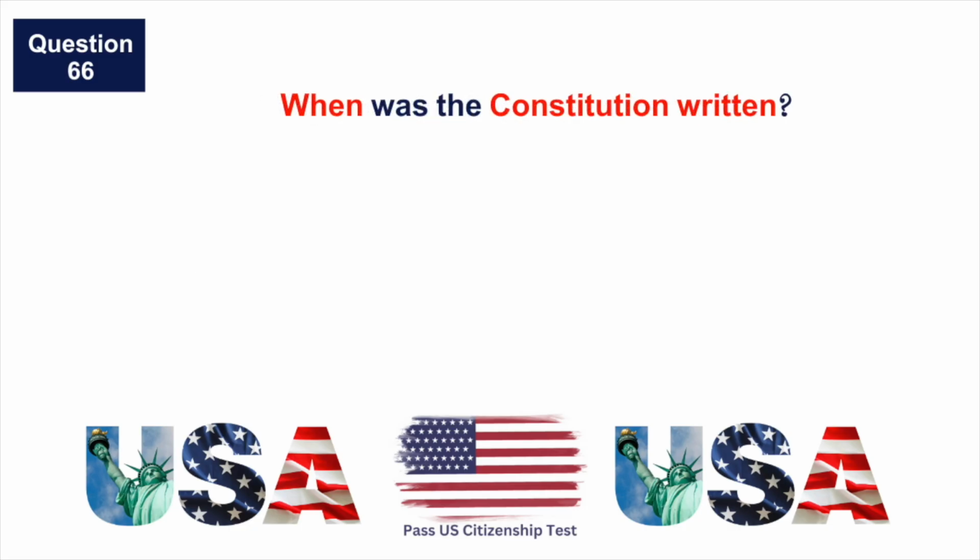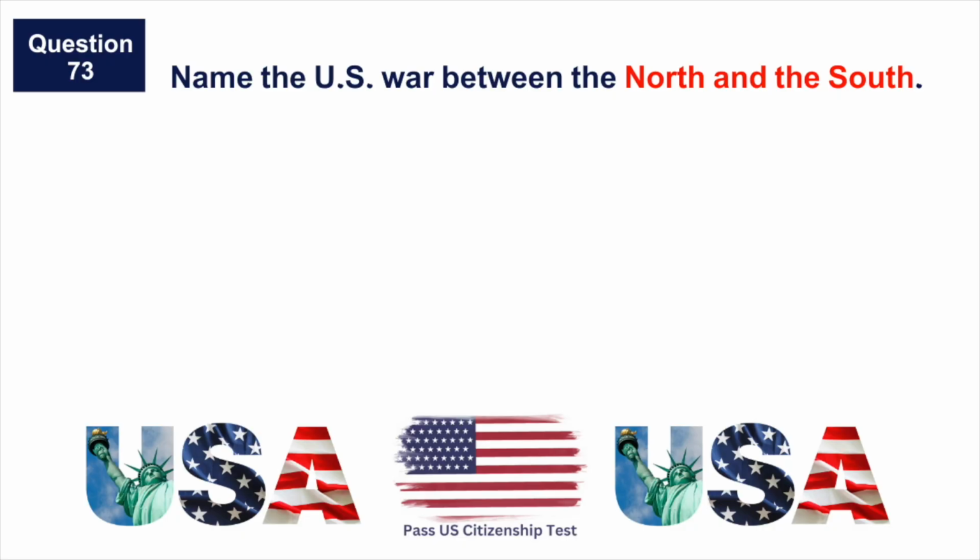When was the Constitution written? 1787. Name the U.S. war between the North and the South. The Civil War.